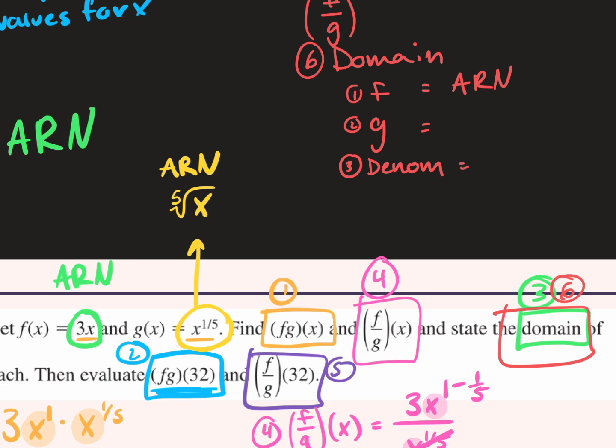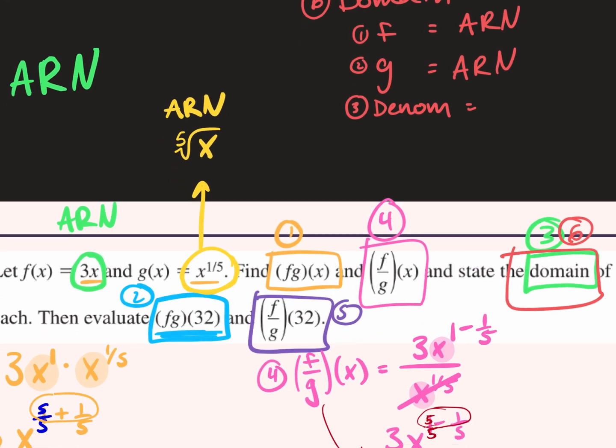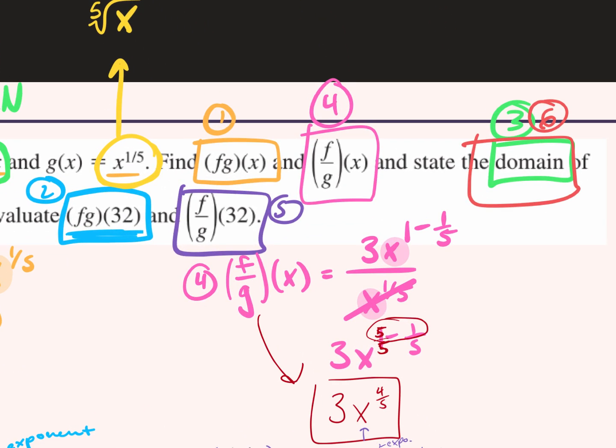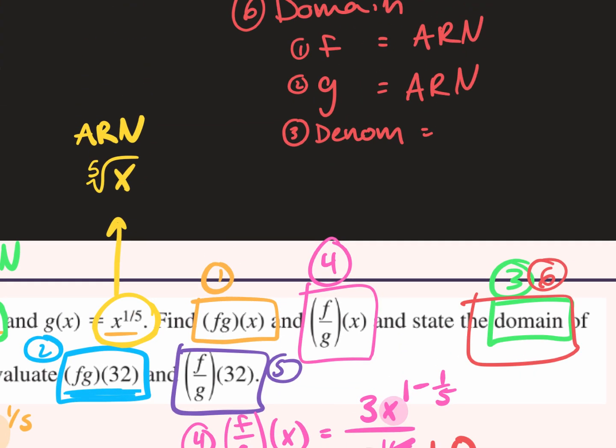All real numbers. And now we want to check the domain of the denominator. So going back to our fraction here, we know that our denominator cannot be 0. What value would I have to plug into x to make this 0? 0. So we know that x cannot be 0.